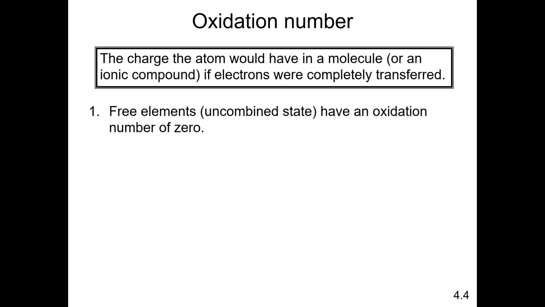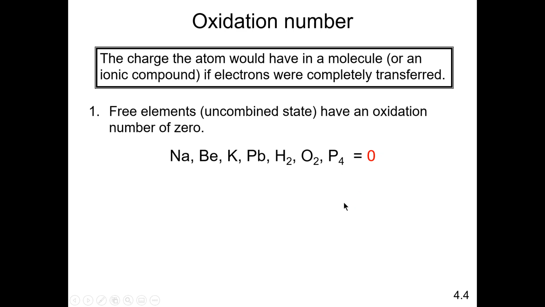The first rule is that elements that are not combined with anything have an oxidation number of 0. So any element by itself, not in combination with any other element, has an oxidation number of 0. It doesn't matter if it's a metal, non-metal, or metalloid. If it's by itself, its oxidation number is 0, as you can see from these examples.